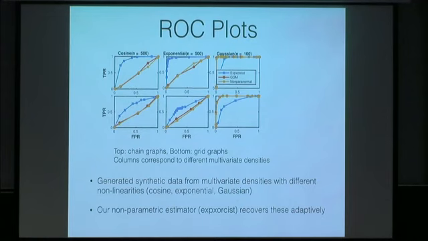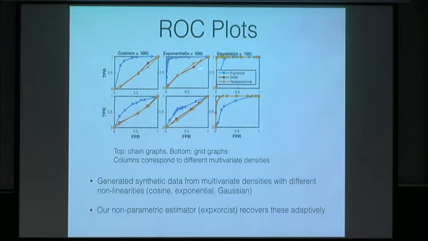Here I'm comparing against GGM, which is just an estimator of a multivariate Gaussian. Non-paranormal is essentially a Gaussian copula, and Expxorcist is our estimator that I just talked about with the truncated basis expansion. What you can see is that when things are Gaussian, both the estimator of the multivariate Gaussian as well as the Gaussian copula do well.